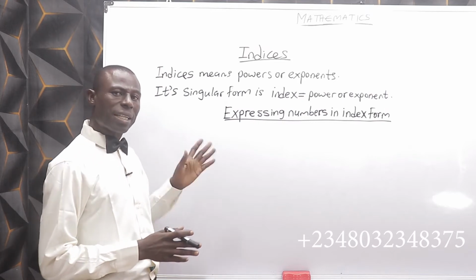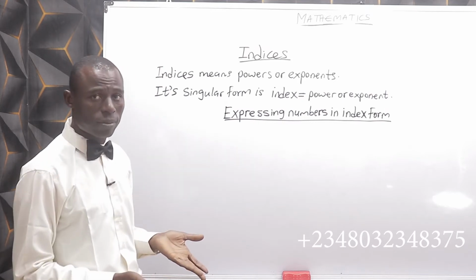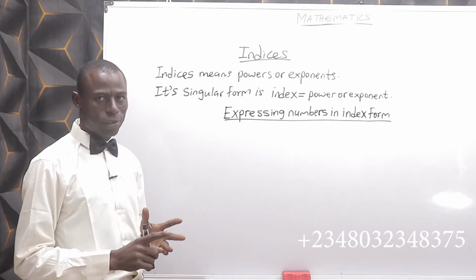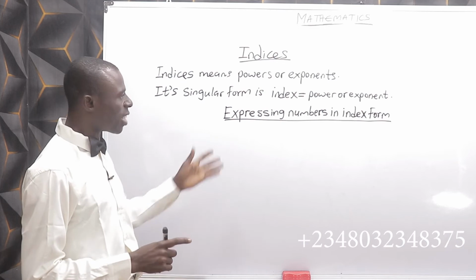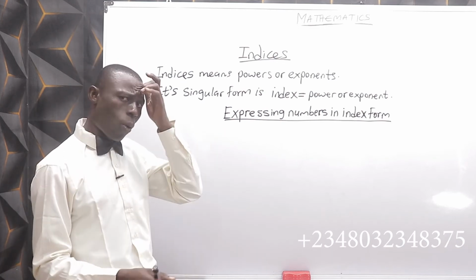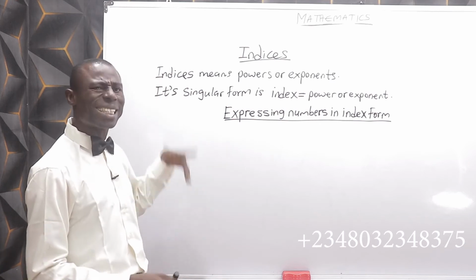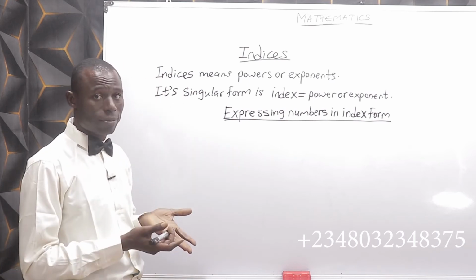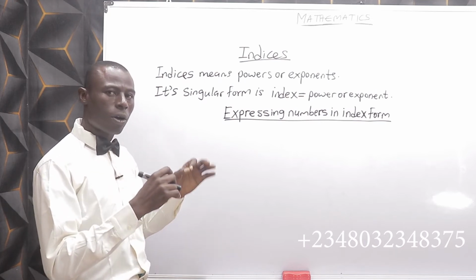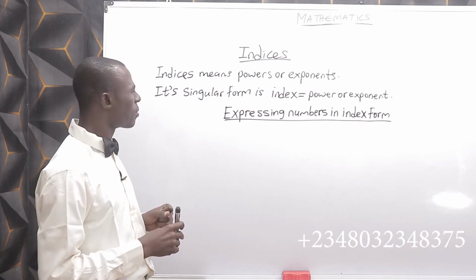In fact, indices is a plural word. Its singular form is index. Index means power or exponent. So when you hear or you see indices, you know it is plural. It just simply means powers or exponents.